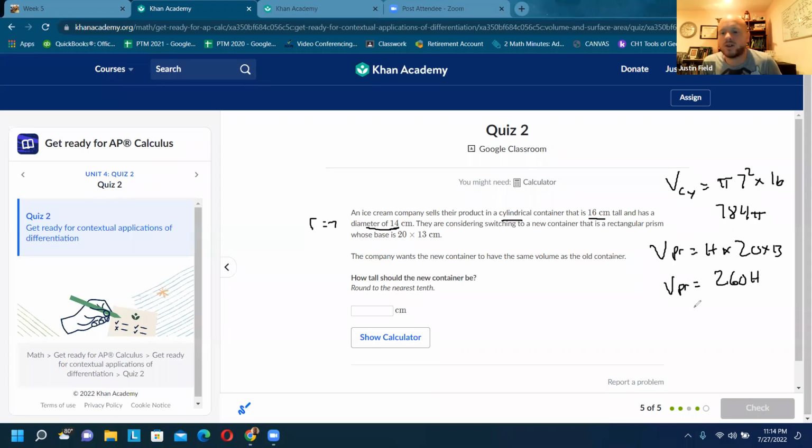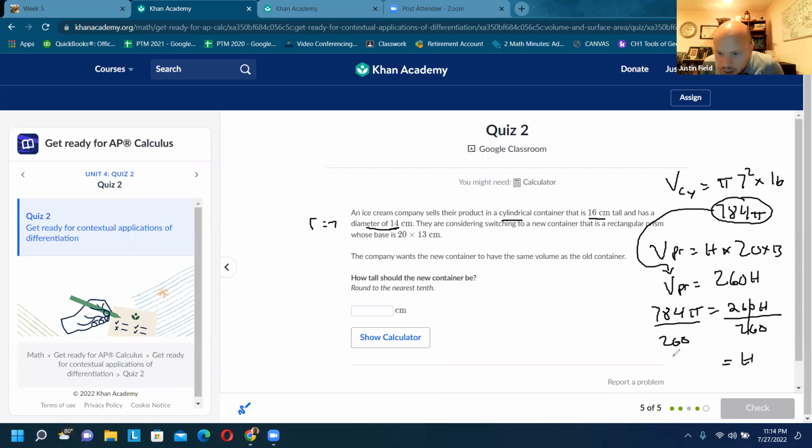And we want those volumes to be equal. So we want that volume to be that volume. So we're going to do 784 pi has got to be equal to 260H. Luckily for us, pi is not a variable. So we're just going to divide both sides by 260. And then H is equal to 784 pi divided by 260.